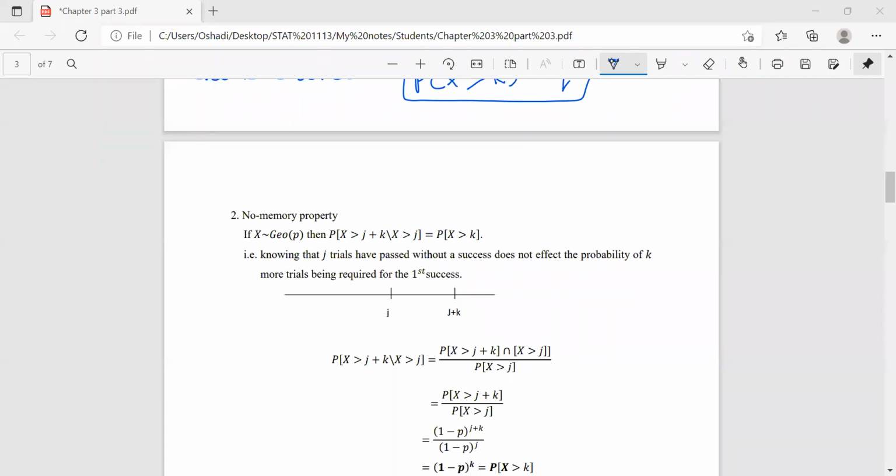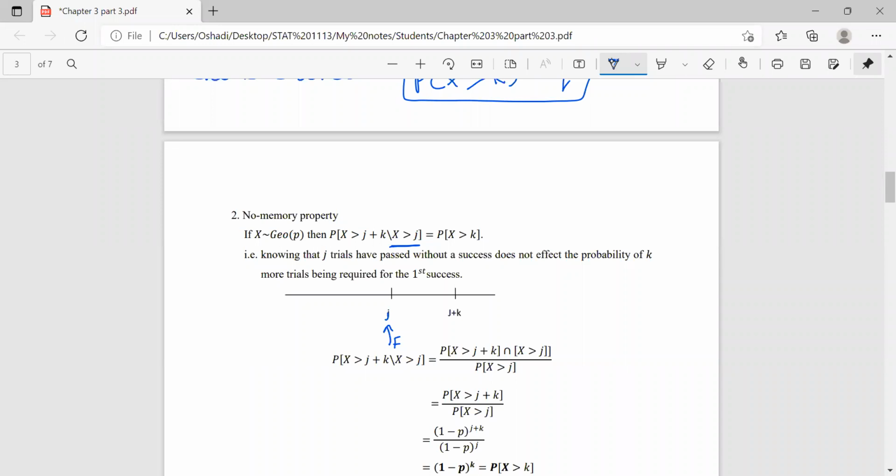So we can use this line to illustrate what I am going to say here. Here this is J. That is the given information: the probability of the first success occurring after the J trial. Up to J, no success has occurred. The J trial is also a failure, right?